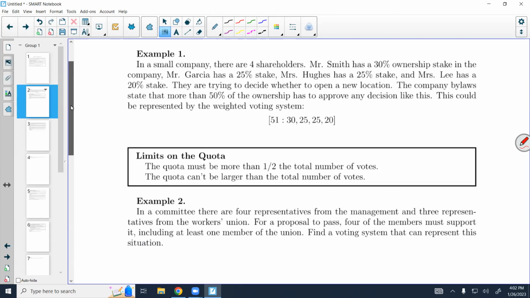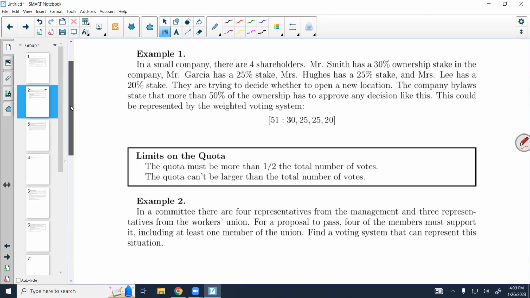So in a small company, there are 4 shareholders. Mr. Smith has a 30% ownership stake in the company. Mr. Garcia has a 25% stake. Mrs. Hughes has a 25% stake, and Mrs. Lee has a 20% stake. They're trying to decide whether to open a new location.